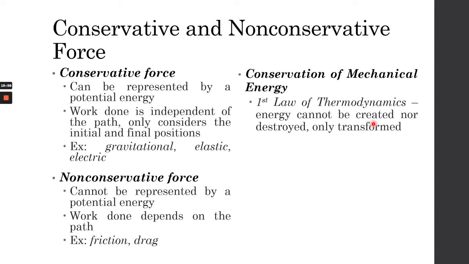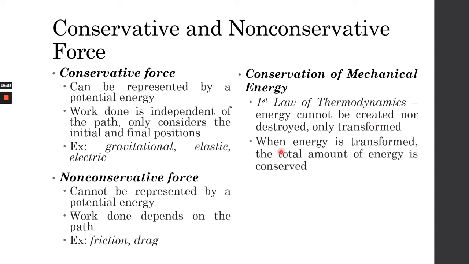But what I'm trying to say that is interesting is that even if we transform the energy, the total energy in the universe or in the system is conserved. What do we mean by that is, for example, we have chemical energy and heat energy. If we transform chemical energy into heat energy, the total energy is still basically equal. So how am I going to explain this? Okay, so for example, you have chemical energy and then you have heat energy.